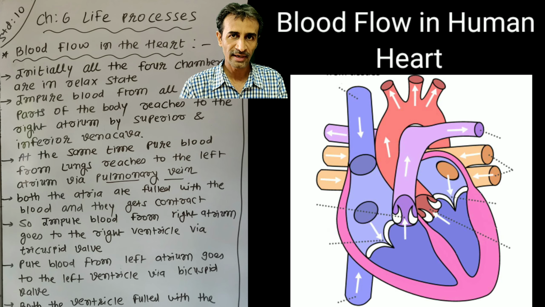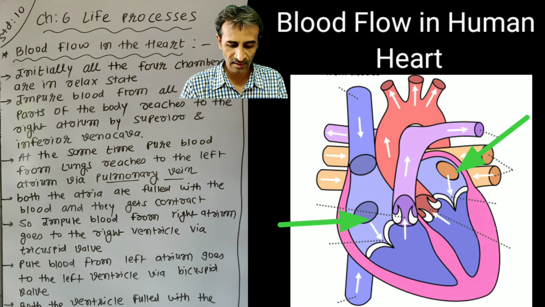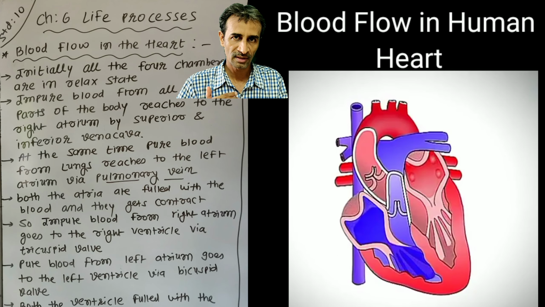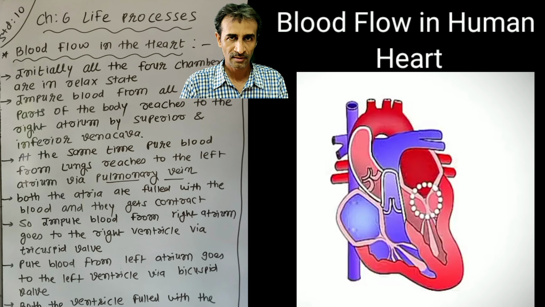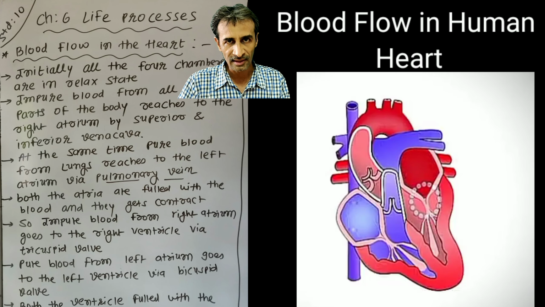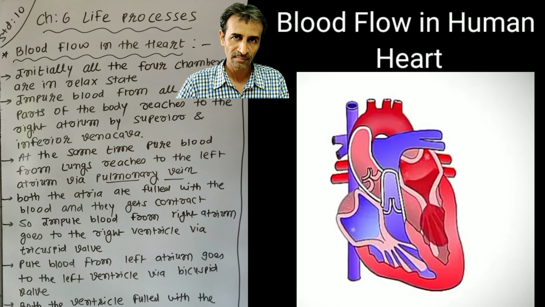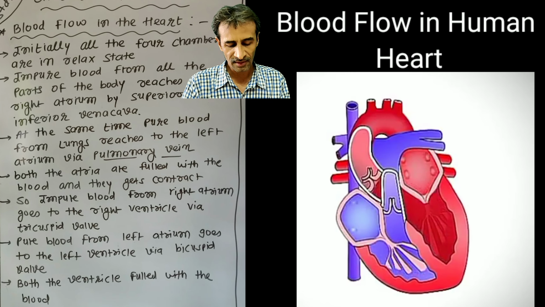Now when both the atria are full of blood, at that time they contract. As a result, the impure blood from the right atrium is delivered to the right ventricle via the tricuspid valve, and the pure blood from the left atrium is delivered to the left ventricle via the bicuspid valve.